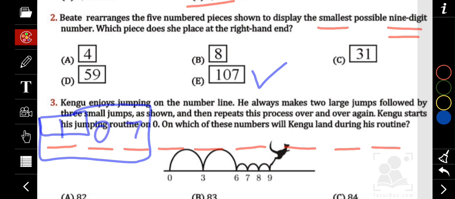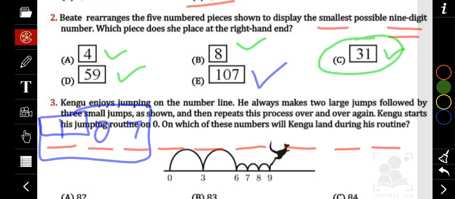Now from the remaining ones we have either 4, 8, 31 or 59. Now we need to see which of these has got the smallest digit on its left. From all of these, obviously we have got 31, which can be accommodated over here, so that makes 31. So we are done with this 31 also, we are done with this 107 also.